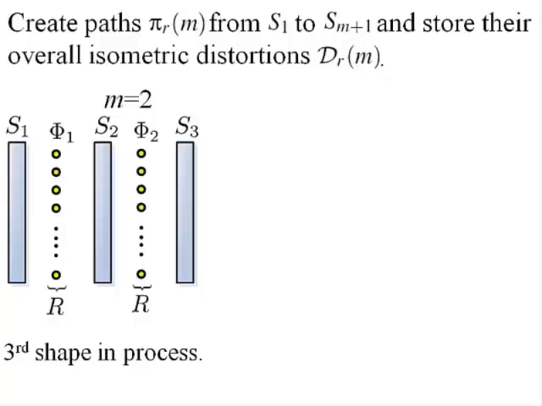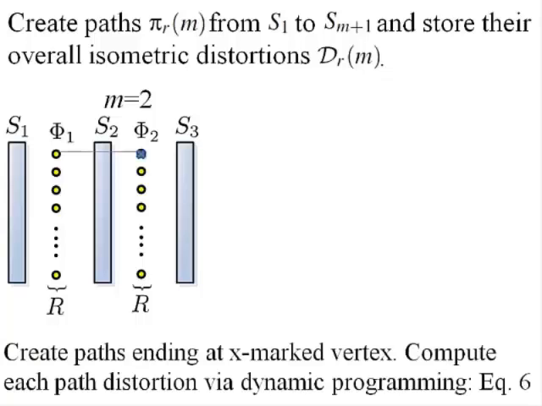So my task is to introduce these vertices to my system. So I pick the first newcomer and create paths ending at that vertex. And each of these paths has an overall isometric distortion, and I store it in the dynamic programming table for later access.